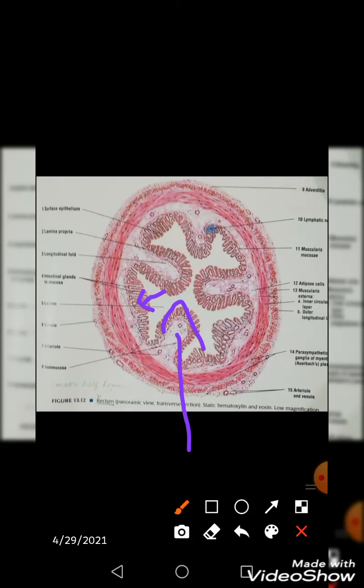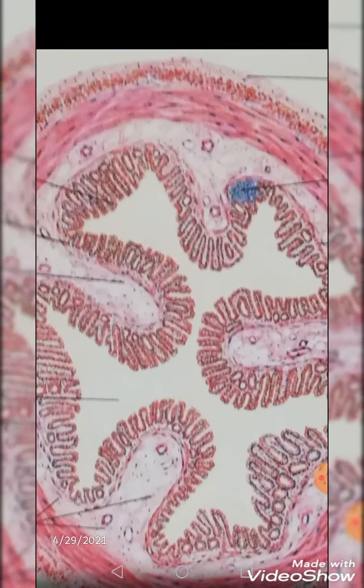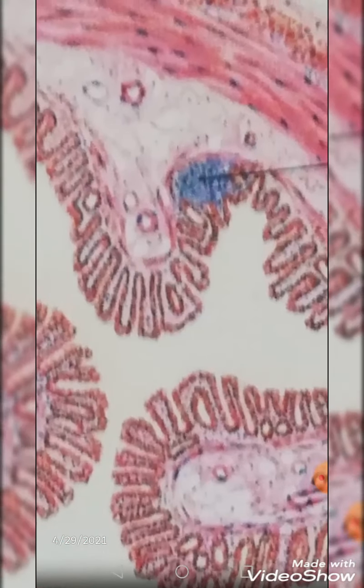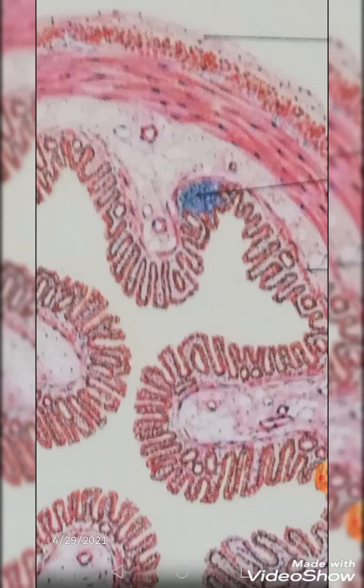The epithelium is lined with the same cells, the tall columnar cells, the goblet cells, the enteroendocrine cells, and the stem cells, because the number of replications and stem cells is much more, their turnover rate is also much more, and the number of goblet cells is maximum here. You can see the glands present in the full thickness of the mucosa, and the lymphatic nodule you can also observe, similar to that of the colon.